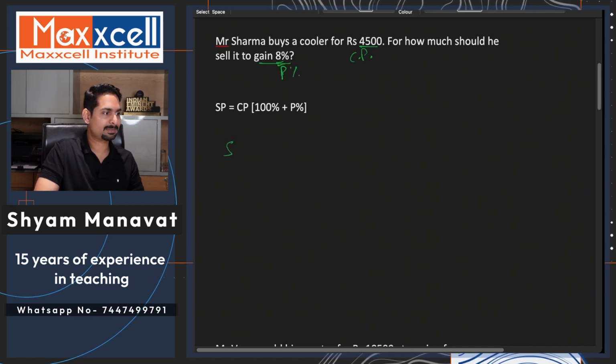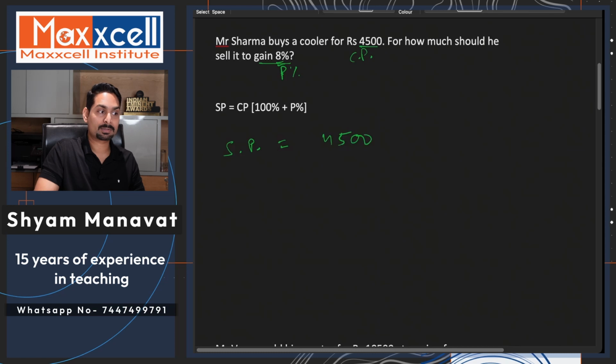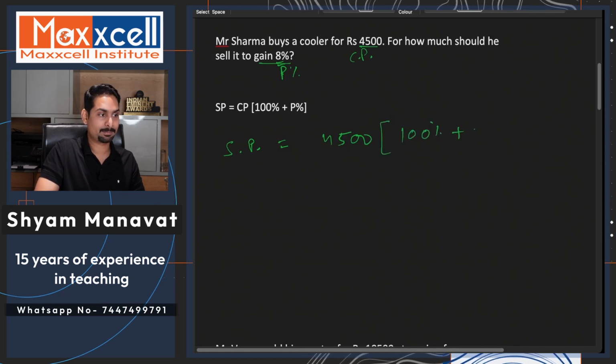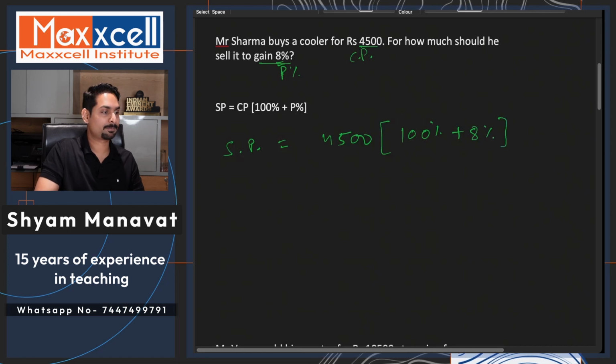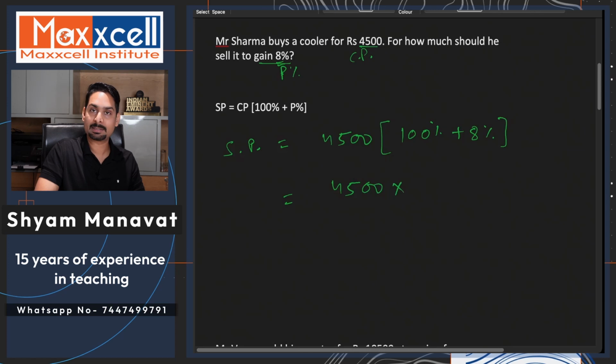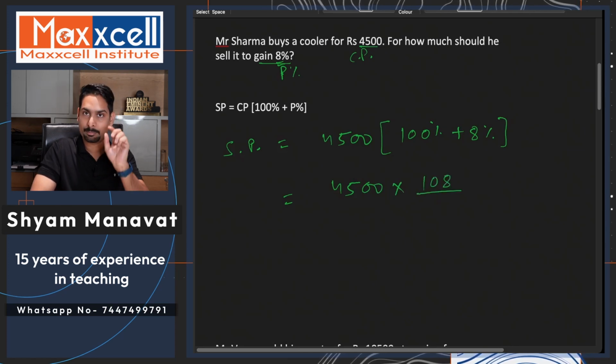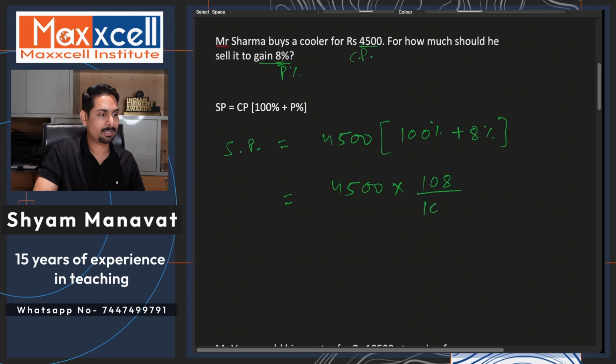So selling price equals cost price, which is 4,500. This cost price has to be increased by 8% because there is a profit of 8%. So you have 4,500 multiplied by 100 plus 8%, which is 108%. Remove the percentage sign, divide by 100.